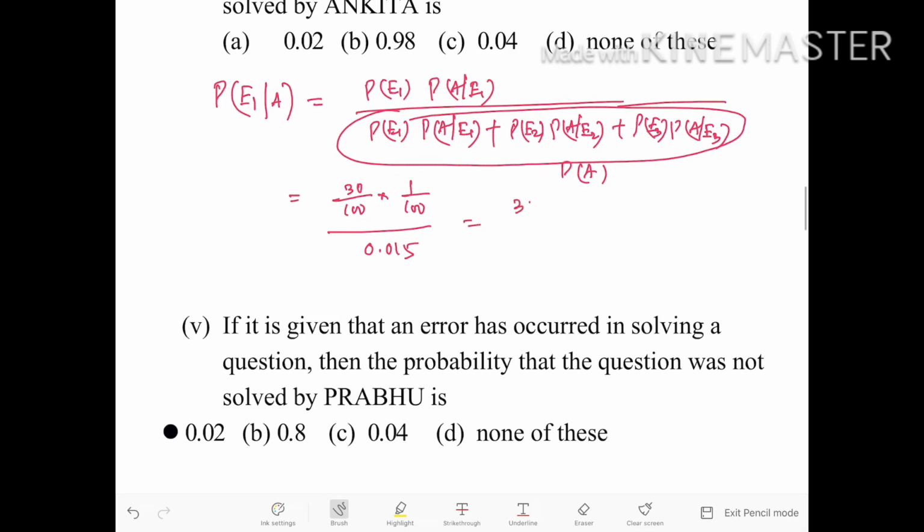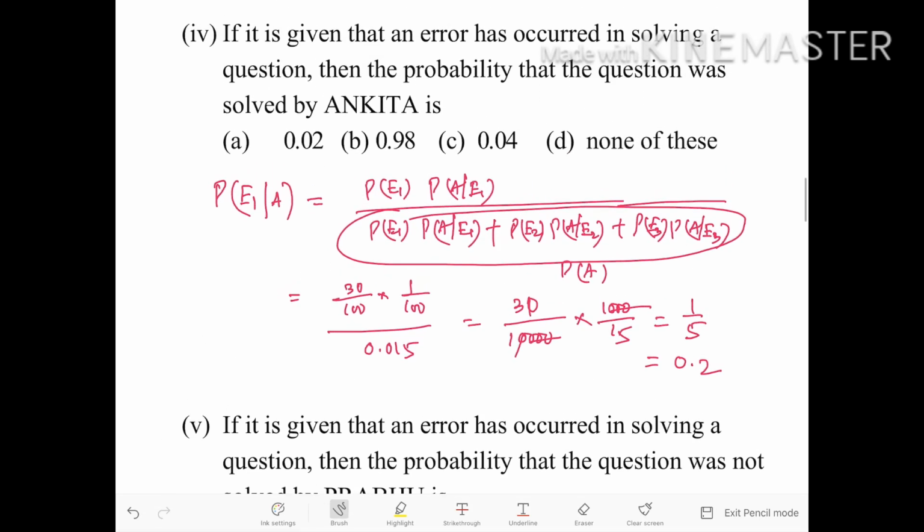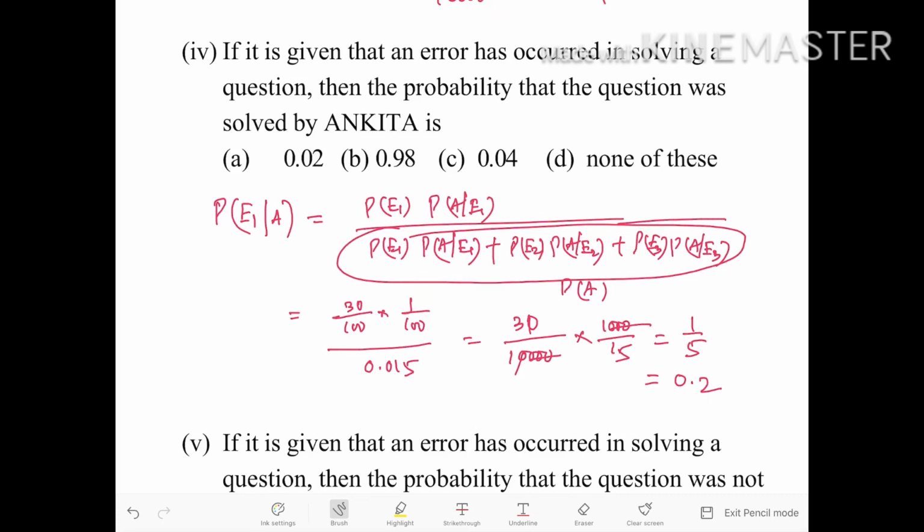So this is nothing but 30 by 40 in 1 into 1000 by 15. 30 cancelled, 10 is again cancelled. So 3 by 15 which is 1 by 5. So 1 by 5 means 0.2. So 0.2 will be the answer for question number 4, but in your option 0.2 is not here. That's why none of these will be your answer.